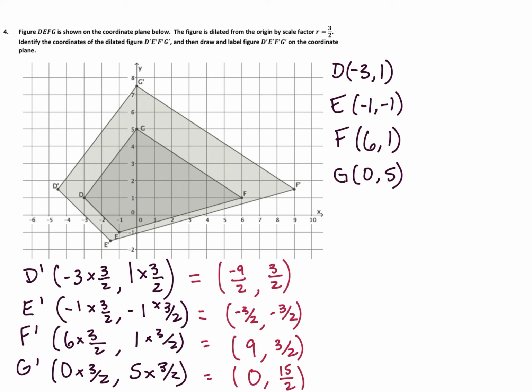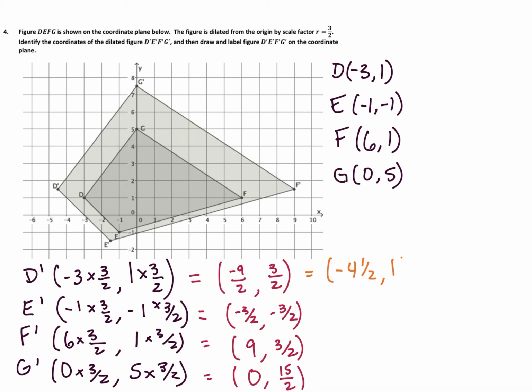Now, if all we had to do was find the coordinates, we could stop there. But because we have to graph them, it's going to be easier if we turn them into mixed numbers so we know what two numbers these are between. Negative 9/2 is negative 4.5.